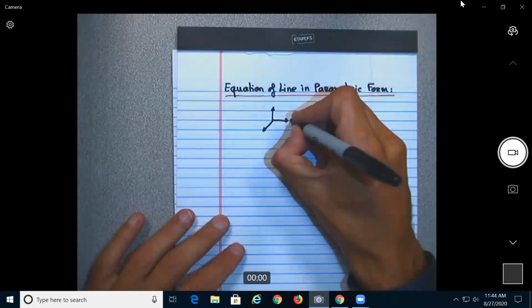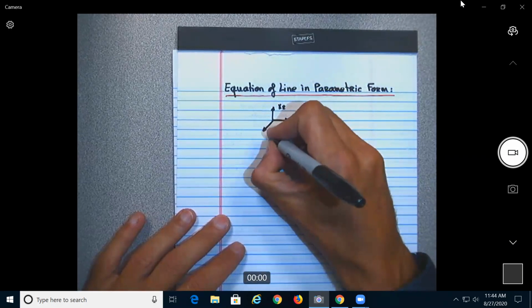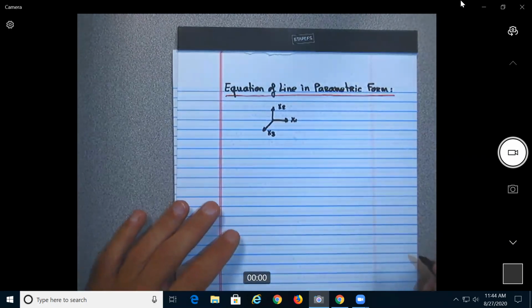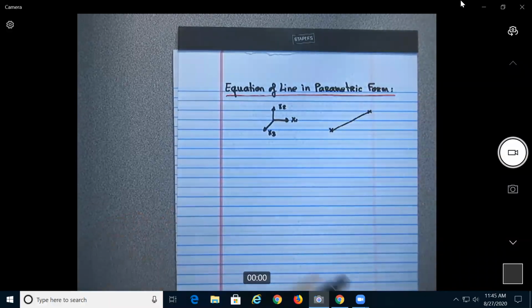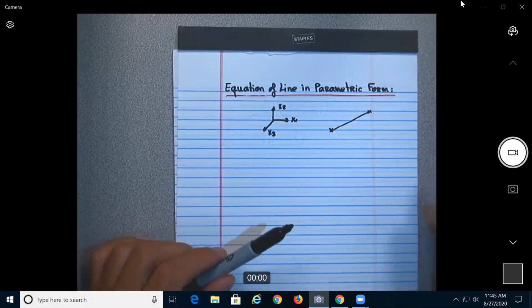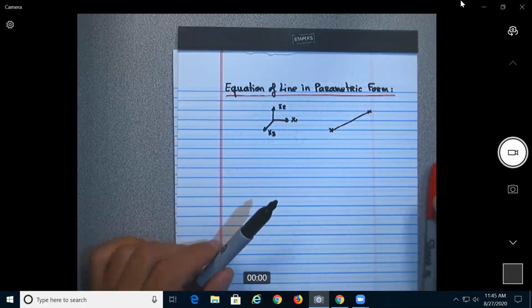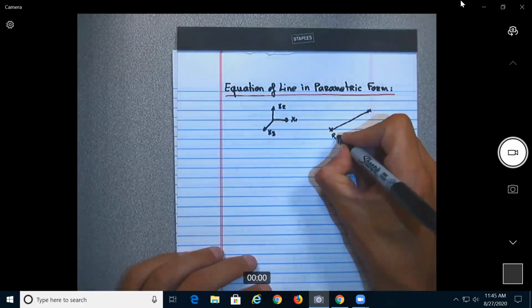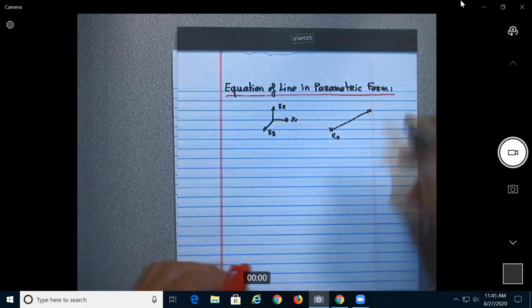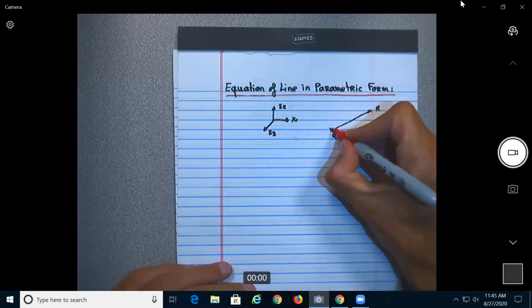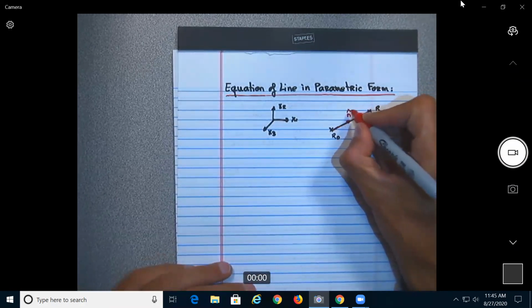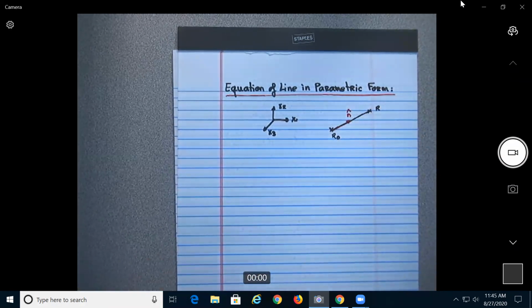Just to change a bit, I'm going to use x1, x2, x3 instead of x, y, z. Let's say it would be r sub naught, the point r sub naught. This will be r. And we need to find the direction, which would be n, the direction vector along the line. This is what I called r before, but here I just call it n or r, whatever you want.